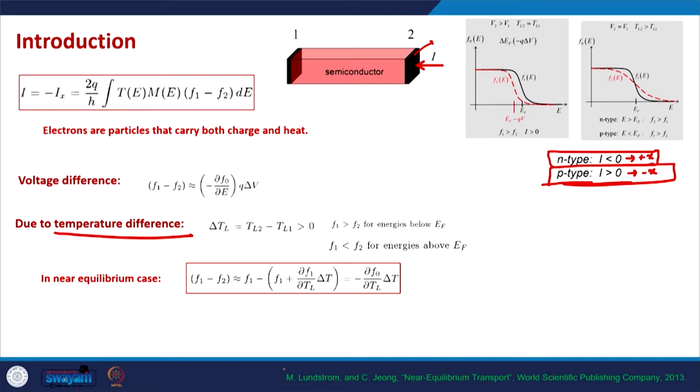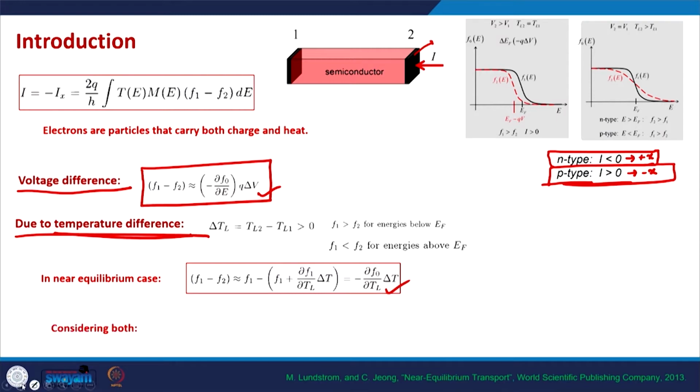So now what if we have both a voltage difference and a temperature difference? What if we are applying a battery across the semiconductor and there is also a temperature difference between contact 1 and contact 2? In that case we need to combine the contribution of both of these terms in F1 minus F2.